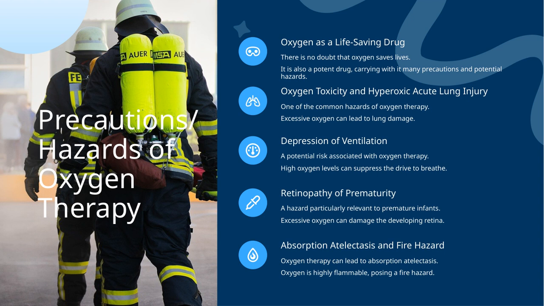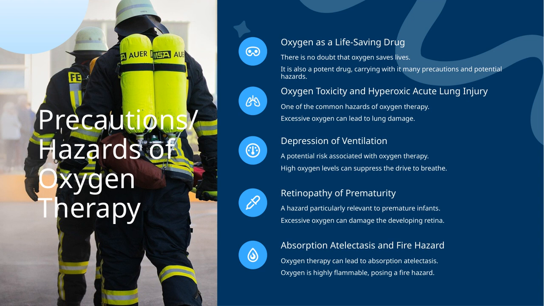High concentrations of oxygen can suppress the body's natural drive to breathe, which is particularly dangerous for patients with chronic respiratory conditions. Oxygen toxicity and hyperoxic acute lung injury are also significant hazards. Prolonged exposure to high oxygen levels can damage lung tissues, leading to inflammation and impaired gas exchange.